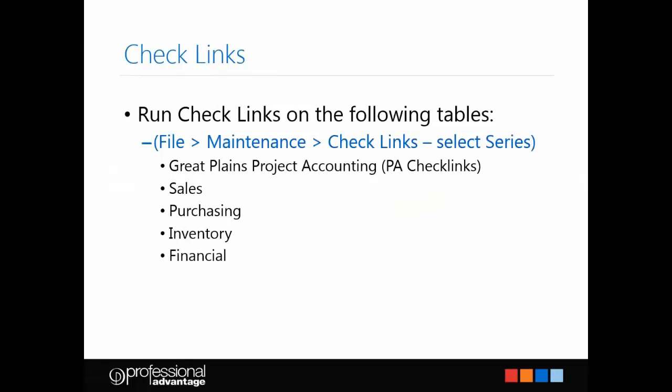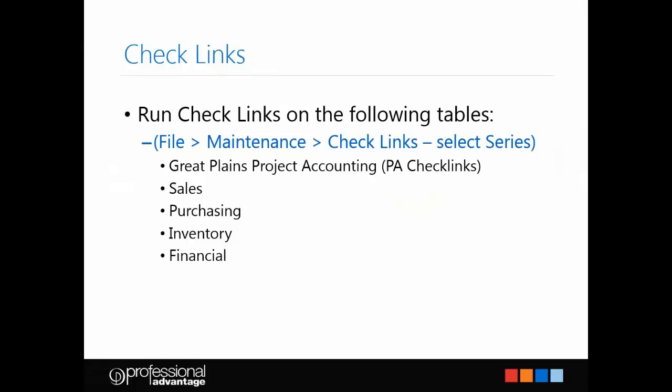So check links, what do we do? What should we normally include as part of the check links? We recommend you do the check links for various modules depending on your license or the active modules that you are using. If you use project accounting, you need to do PA check links.